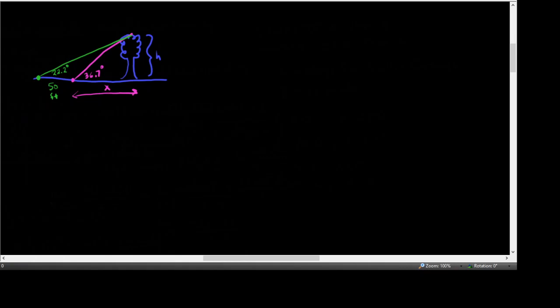And if I use that and the height of the tree here, that's actually a right triangle. And this side down here is x. So for the pink triangle, what I'm thinking of doing is trying to find a relationship between the h that I'm trying to find, the given 36.7 degrees, and the x that I introduced, something they didn't tell me about, but I think I need to know it.